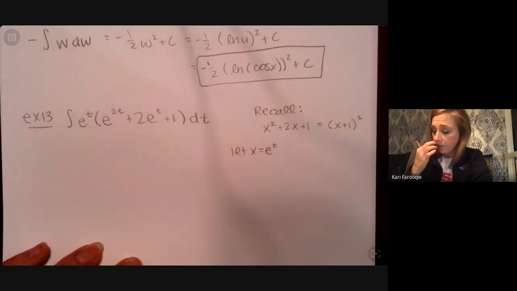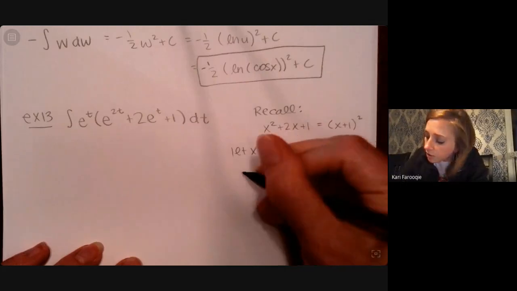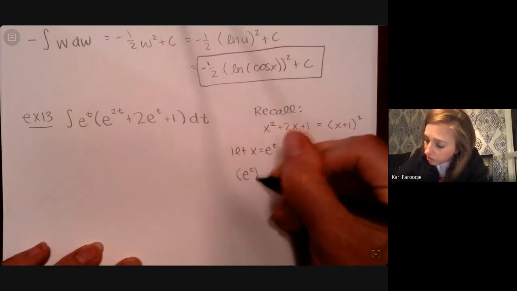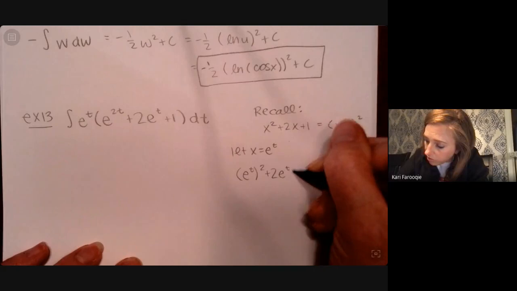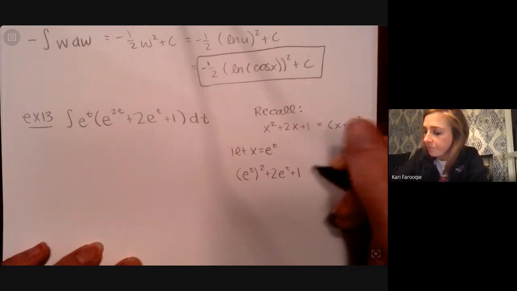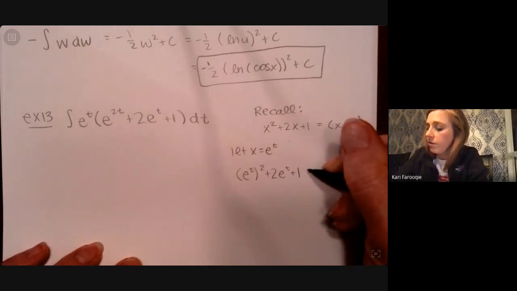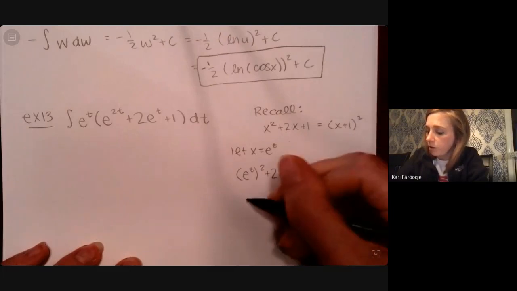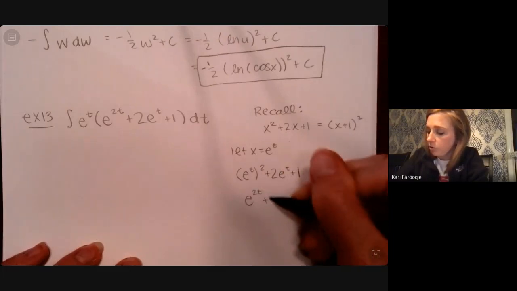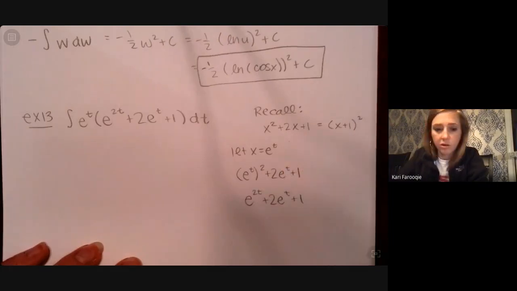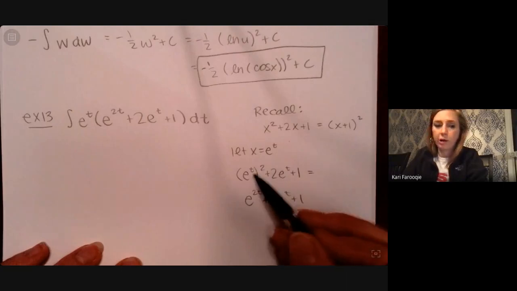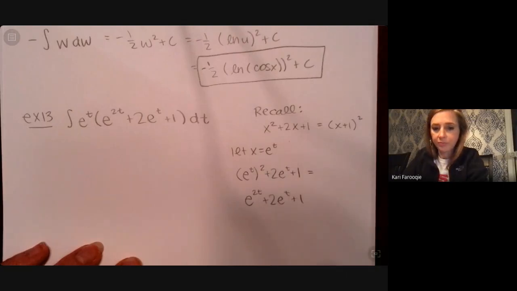Now, if you let x be e to the t, then you have e to the t squared plus 2 e to the t plus 1. And this ends up being, by the way, e to the 2t plus 2 e to the t plus 1. Take a power to a power, you multiply the powers.